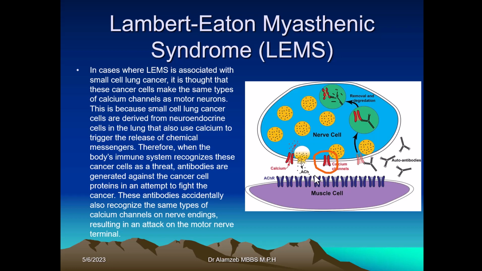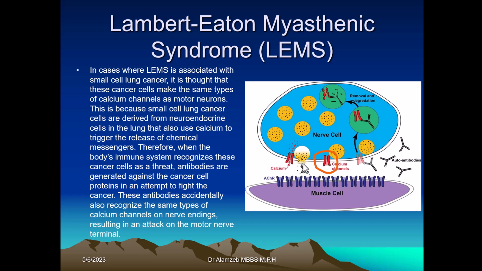So when an action potential arises here, the calcium cannot enter into the neuronal end, and when there is no calcium, the acetylcholine vesicle cannot attach with the neuronal membrane and cannot release its acetylcholine.